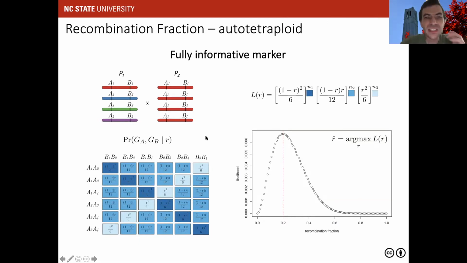So this is very similar to the concept we applied in the diploid. And that's why it's important to use the likelihood instead of just using the number of recombinants divided by the total, because it's much easier to extend from that situation to this one.